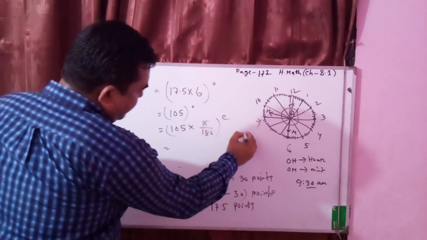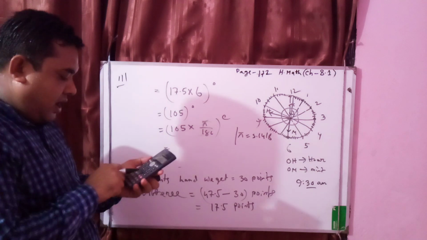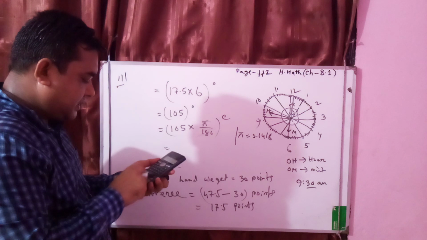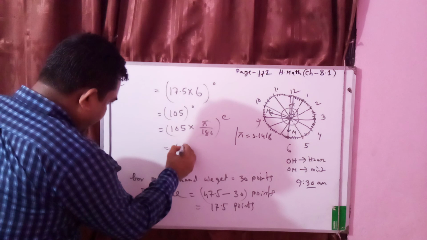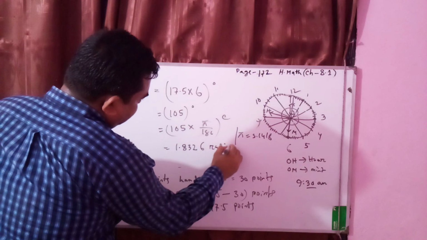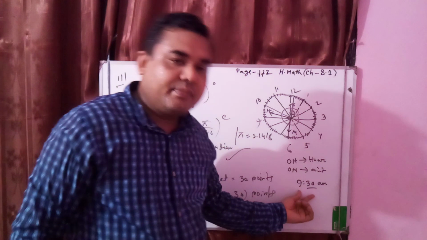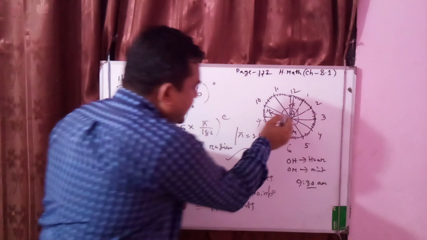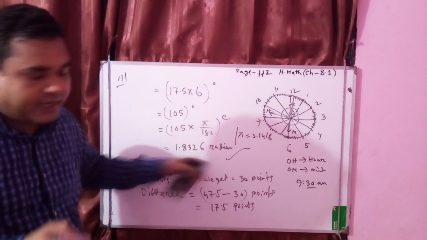What is the value of pi? We know pi equals 3.1416. So 105 multiplied by 3.1416 divided by 180. It will be 1.8326 radian. This is the required answer. So at 9:30 am, the angle between the hour hand and minute hand is 1.8326 radian.